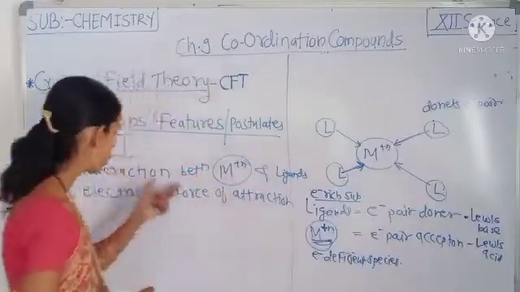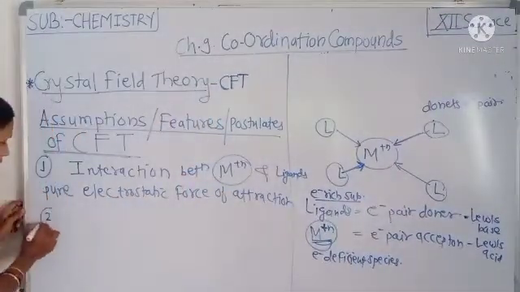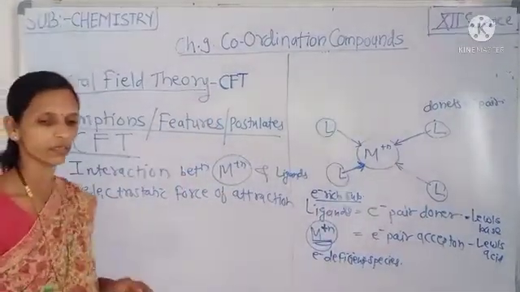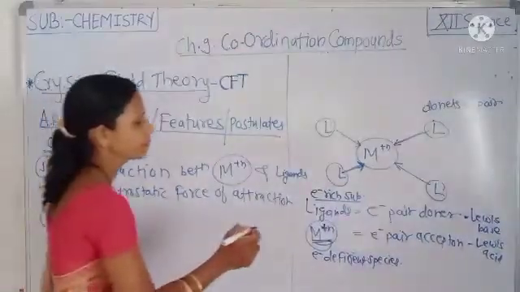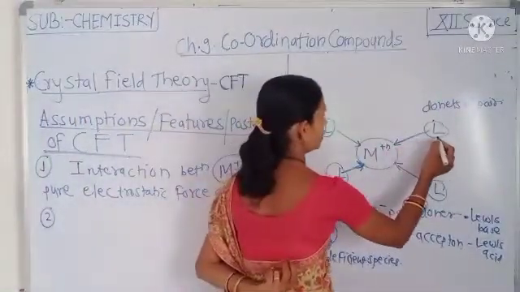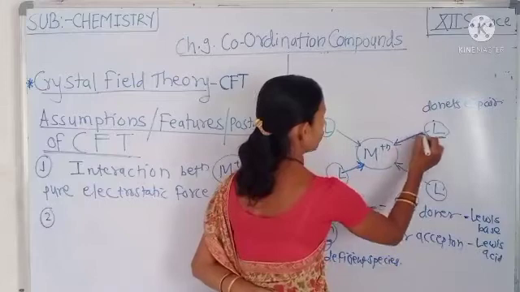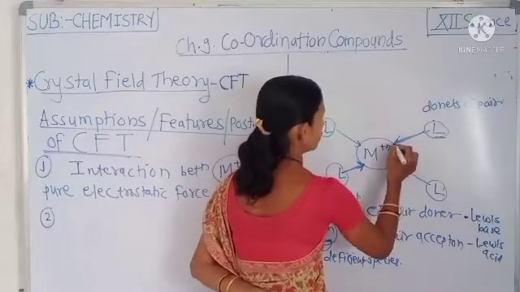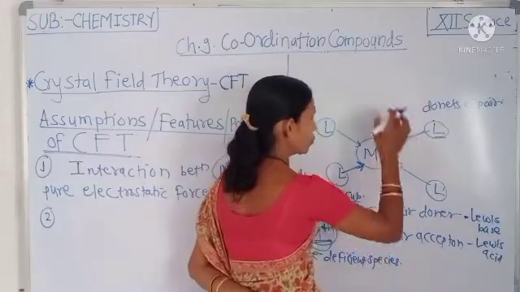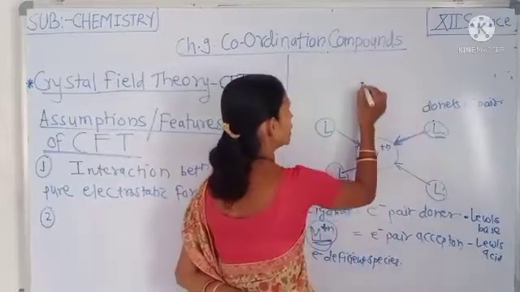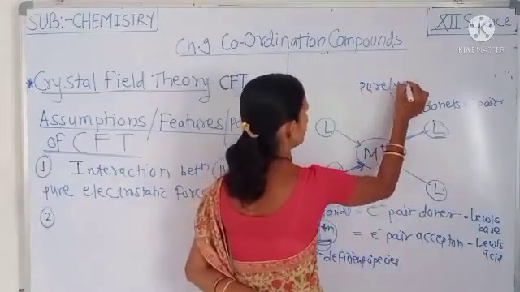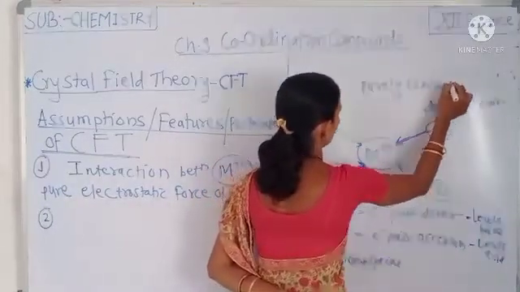According to this theory, the second assumption is that the bond between the metal ion and the ligand is purely ionic in nature.